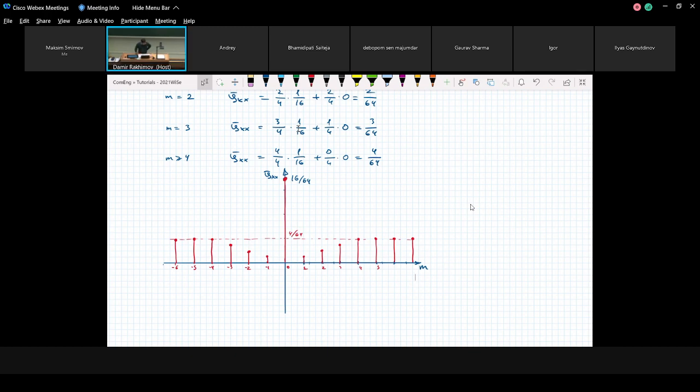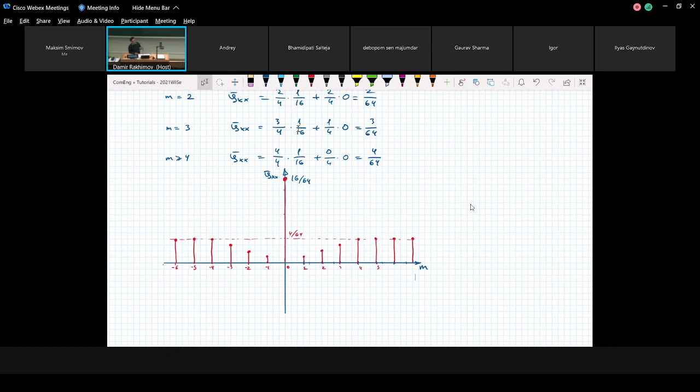You need to try to simulate this autocorrelation function and try to obtain it by a numerical simulation. I think it should be available on Moodle.